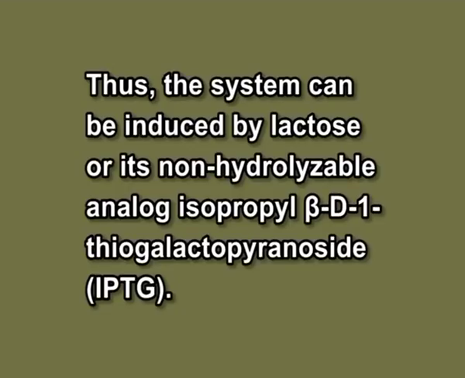This highly active polymerase should be provided in another plasmid, or most commonly it is placed in the bacterial genome in the prophage lambda DE3, coding for the T7 RNAP under transcriptional control of the LAC-UV5 promoter. Thus, the system can be induced by lactose or its non-hydrolyzable analog isopropyl beta-D-1-thiogalactopyranoside, IPTG.